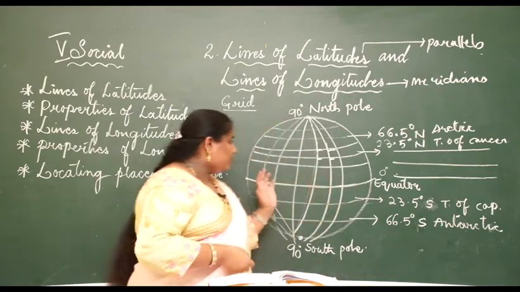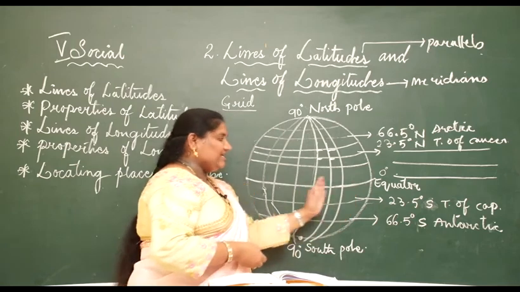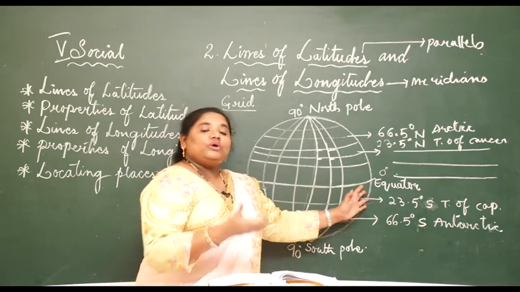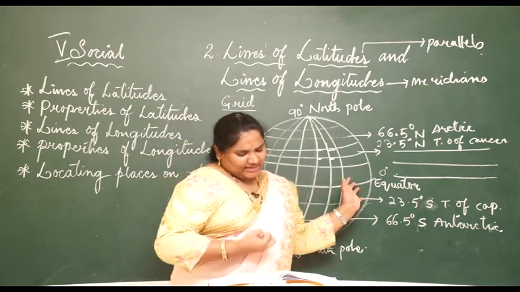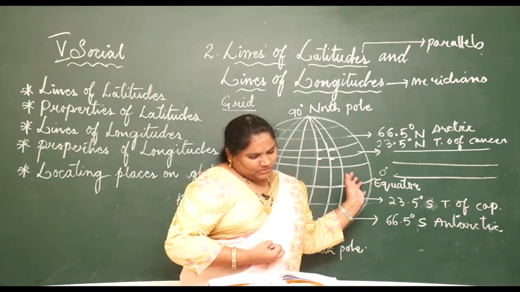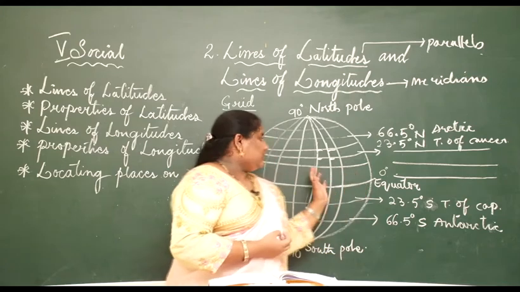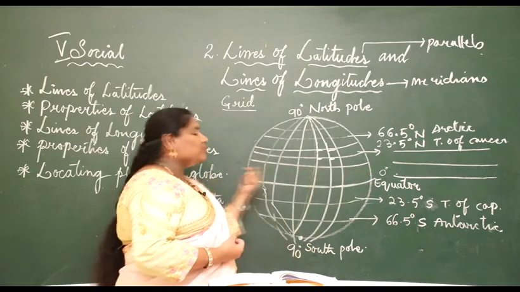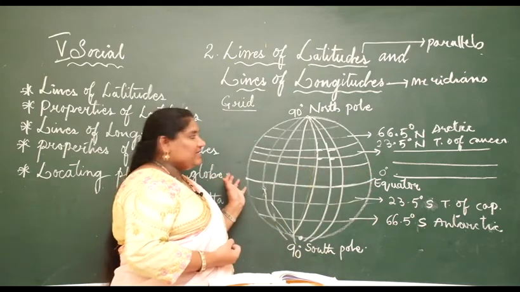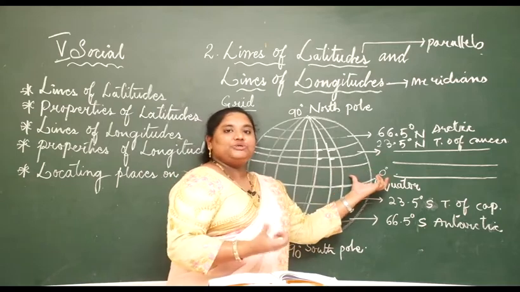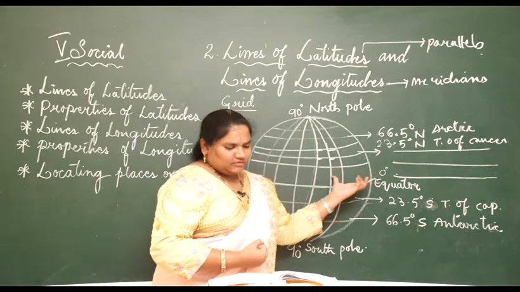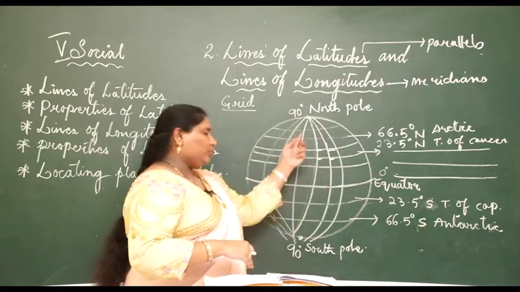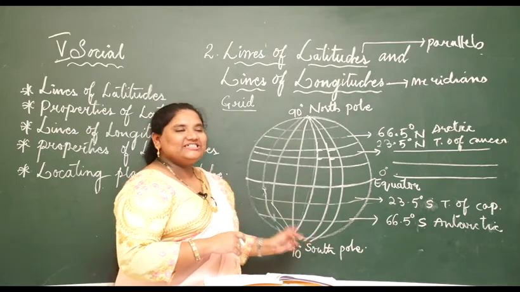When going towards the east, you gain a day, and when you go towards the west, you lose a day. The 180 degrees longitude is also called the international date line.